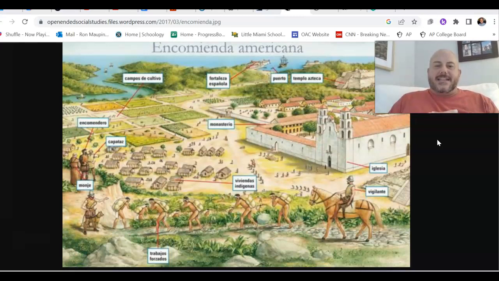The Spanish are basically going to say, you now are our responsibility. You will now provide labor in this new community, this new society. But because the Spanish believe that this is not straight up slavery, that this is a relationship that is a two-way street and has responsibility, and it's not just the natives providing labor, the Spanish are also going to say that they have a responsibility to the natives, and they'll argue that their responsibility is to look out for their well-being, just like lords would for peasants in Europe in medieval times.